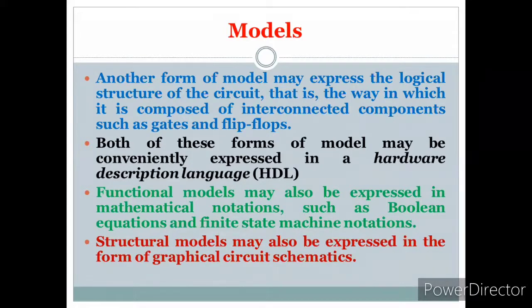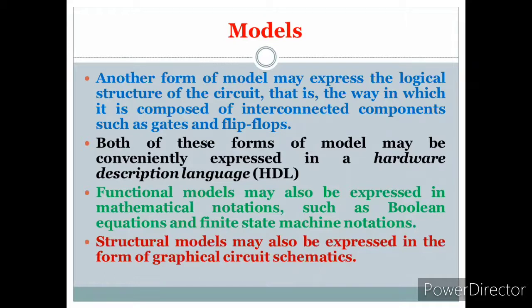Okay, so when we come to the digital world, you make use of gates and flip-flops to design the higher-level model we want to design. That's about structural. So it means available resources we are making use of and interconnecting them into our own design. Okay, that's about structural.